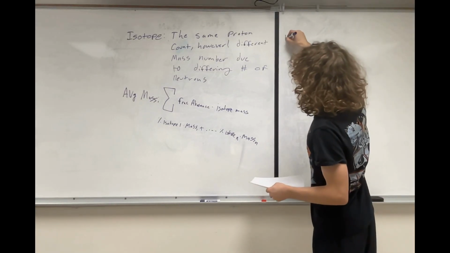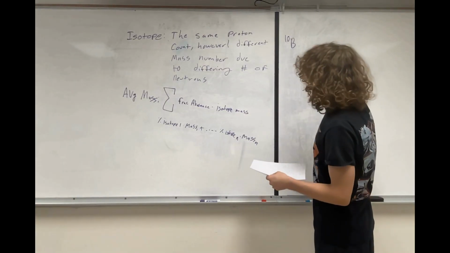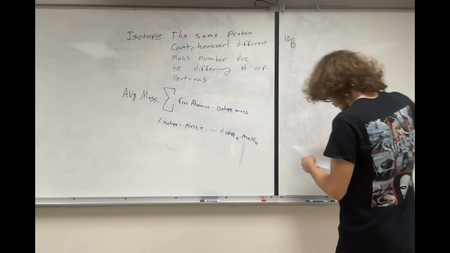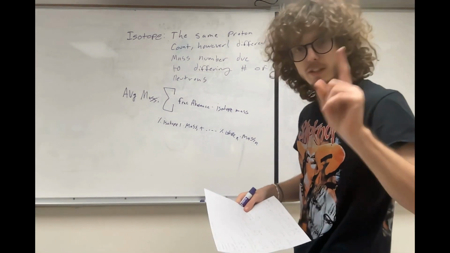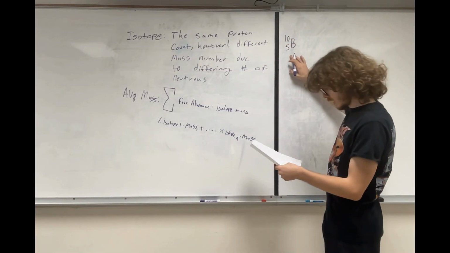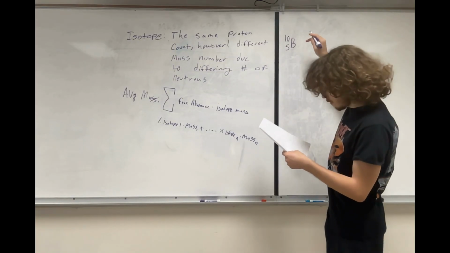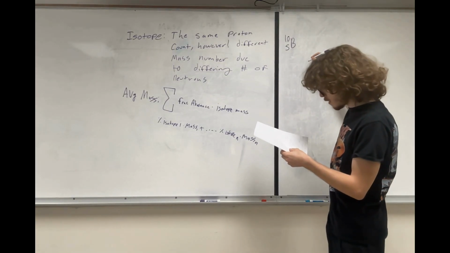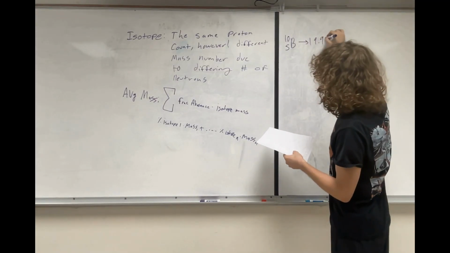Let's talk about boron. Here's boron, the first isotope. One second, I had to consult my periodic table. So boron, which has a proton count of 5, and a nucleon mass of 10 AMUs, is found at 19.9%.